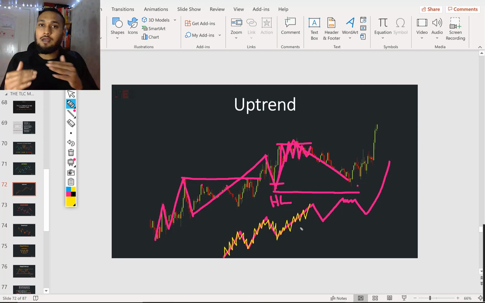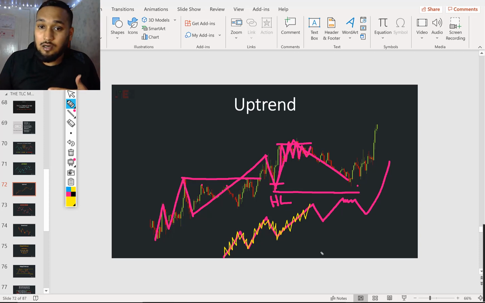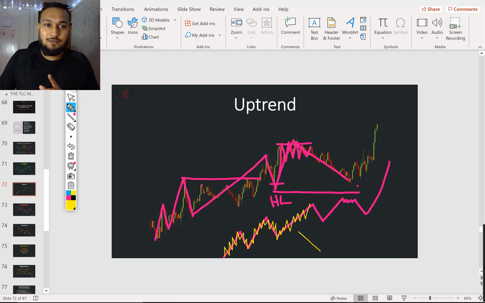Which part of the picture are you looking to take advantage of? Because there are lots of opportunities down in the micro picture, which is the yellow line, for example. All right, so let's move along.